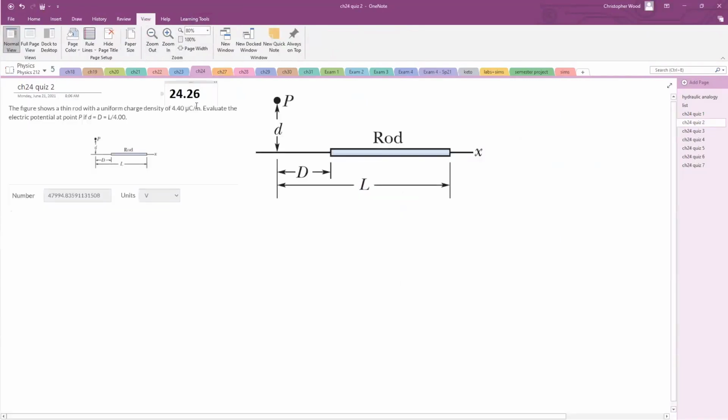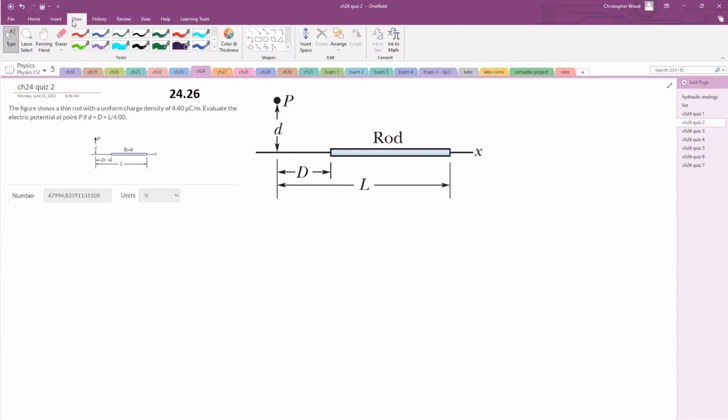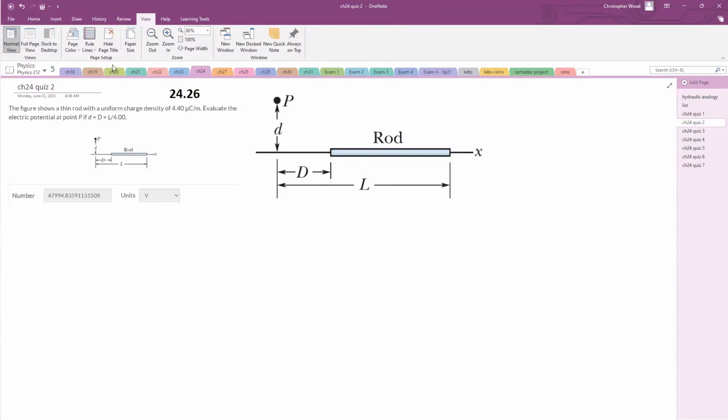So this is a different type of problem, obviously, because I'm not dealing with simple point charges. The progression we take here is just like the progression we took in chapter 20, chapter 22, and in some ways chapter 23. I'm hopscotching around a little bit because a lot of these problems are solved via deep dives.